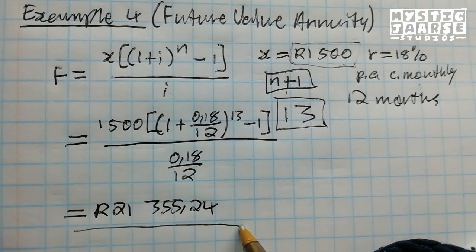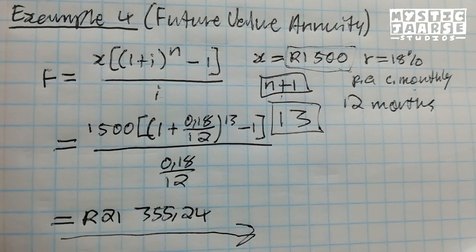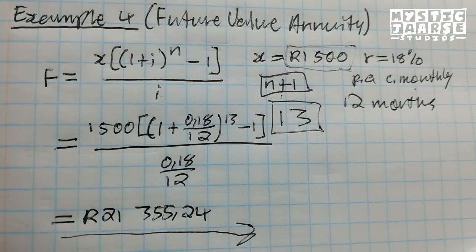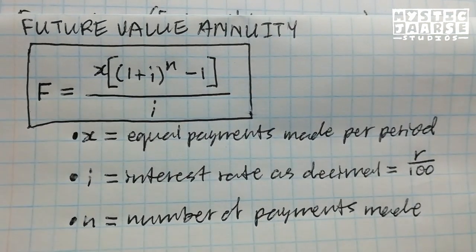Now this is the amount of money that they will be having after 12 months of investing in this account. So this is the introduction to future value annuity.